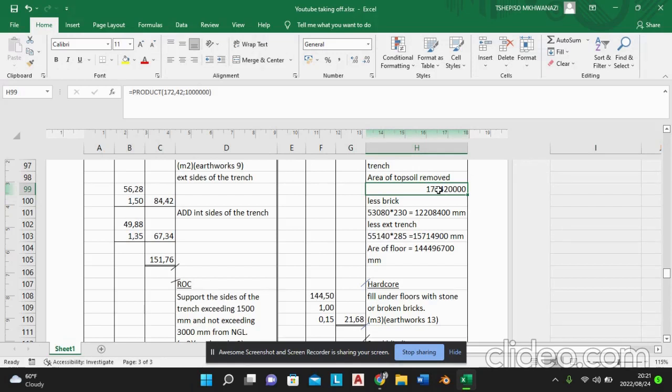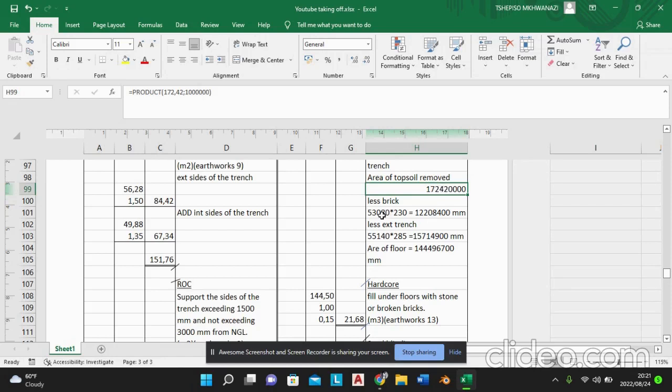You just have to multiply by a million, because remember, when you compare 1 meter to millimeters, you multiply by 1,000, and here we are having meter times meter, which means we're going to multiply by 1,000 times 1,000. It's just like we are multiplying with a million, and then we get this answer.